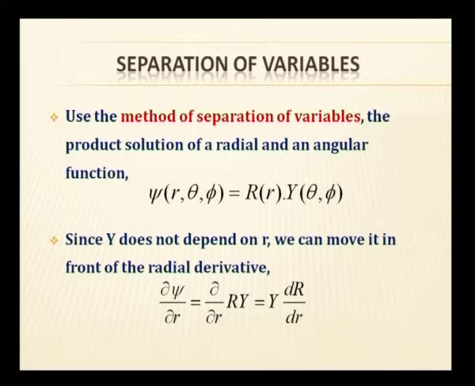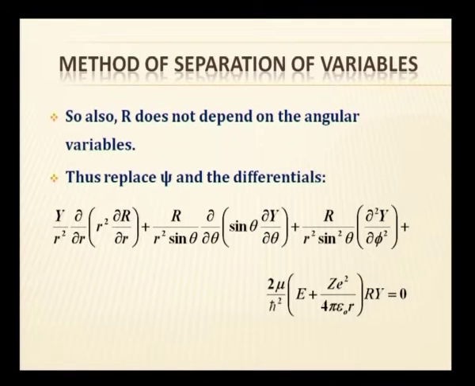Okay. So, Y into dR by dr, because you are taking the differential of R with respect to small r. Therefore, you write Y into dR by dr here; Y is taken to the front or the left of the equation, because Y does not depend upon r, the angular part.